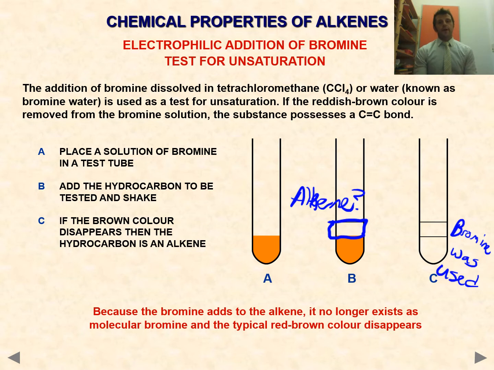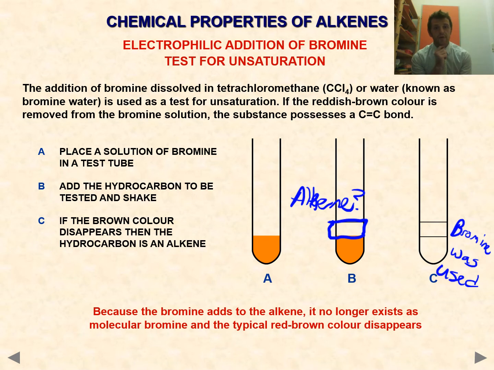One of the things that we actually use this for, and the way we can see how this reaction is happening, is we put some bromine in the test tube, and then we add in a hydrocarbon. And then this is a good way for us to test if this hydrocarbon here is an alkene or not. So if we're wondering if a hydrocarbon is an alkene, we can put it in there with some bromine, shake it up.